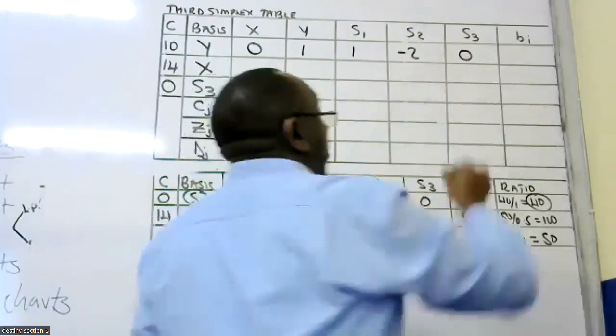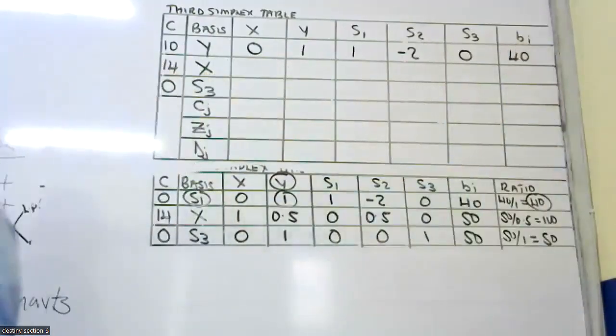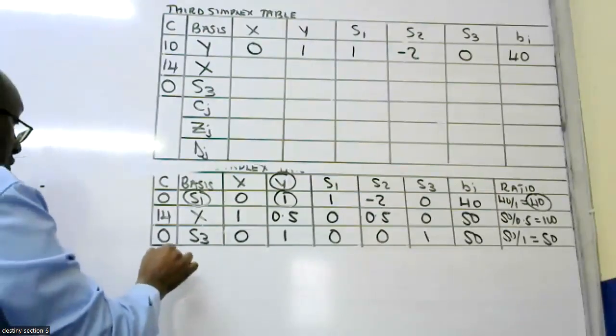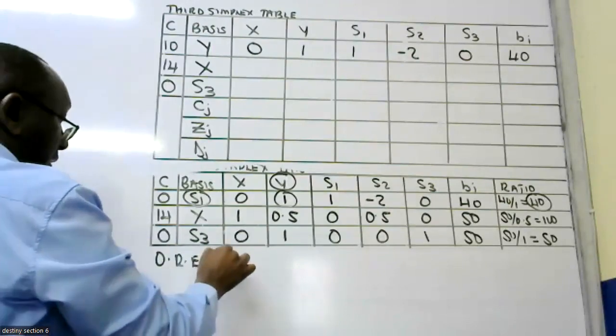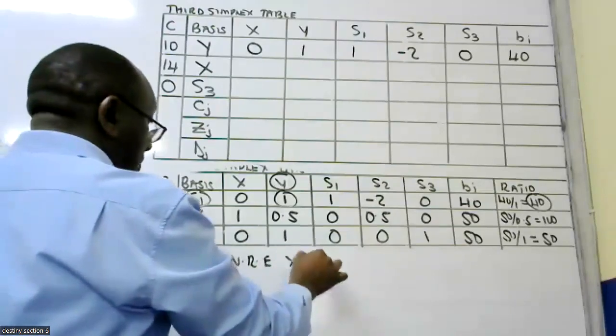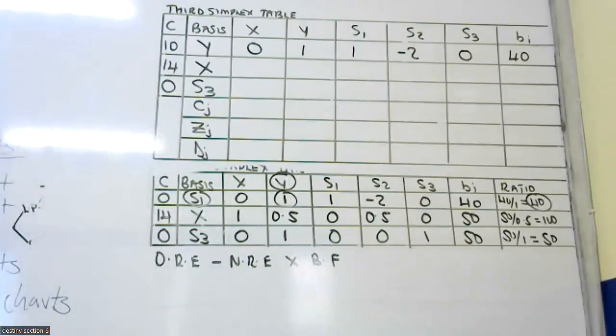And 40 divided by 1 is 40. That becomes our new row. So to get the other values, tutatumia ile formula yetu: old row element minus new row element multiplied by balancing figure.